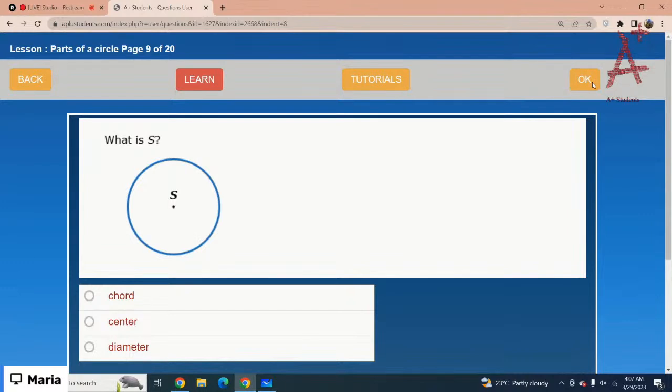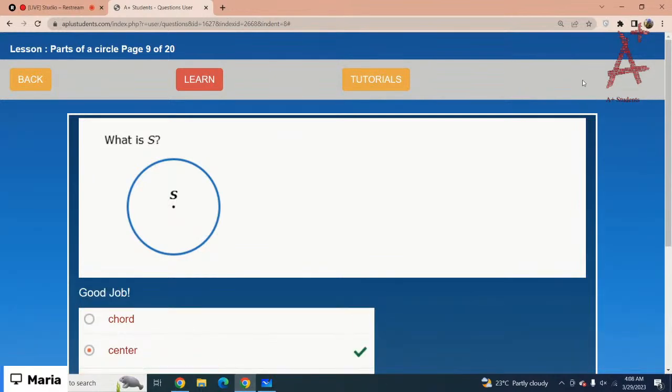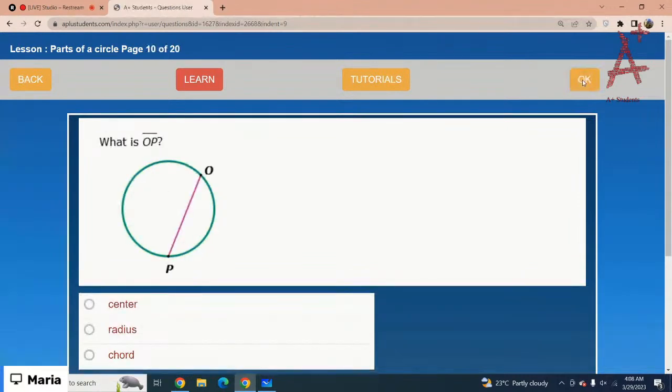What is S? Yes, S is the center of the circle. What is OP?